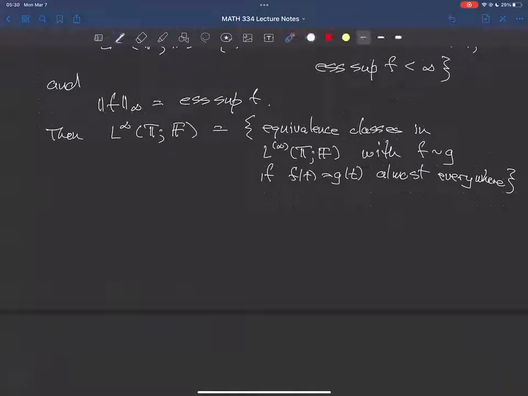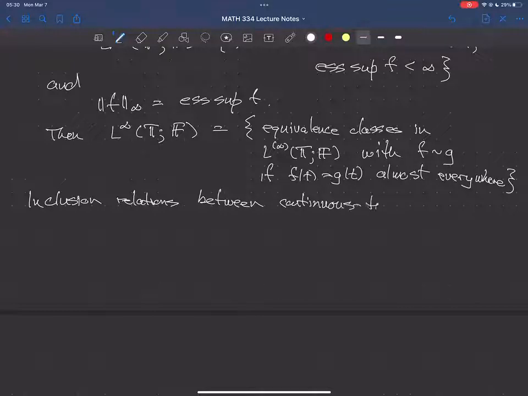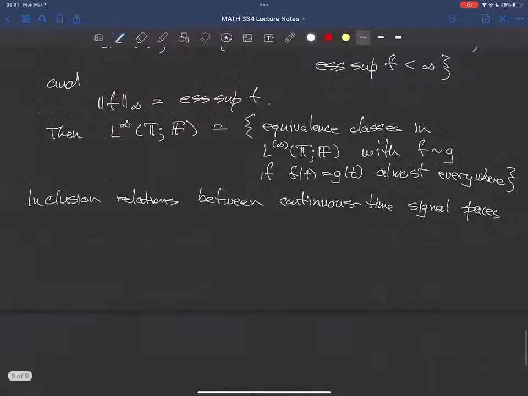So, inclusions between continuous time signal spaces. And here it breaks down by what the time domain looks like. First let's look at the case where T is compact.